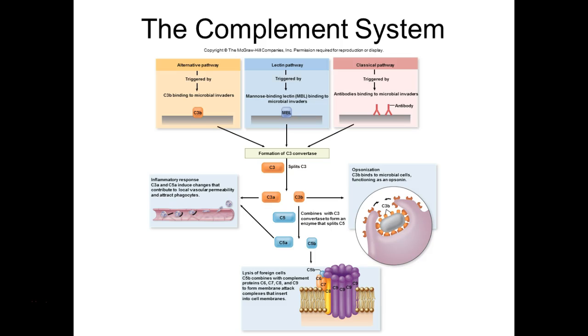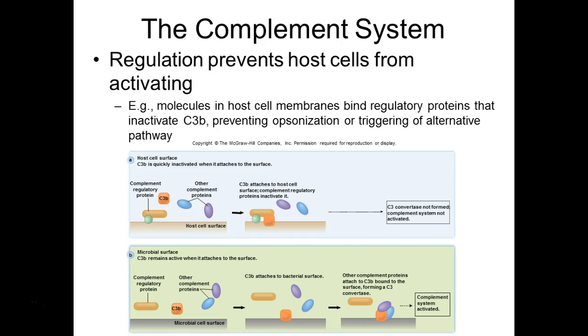Some cells can stop our processes from going forward. So remember I said our cells are protected. So here's our host cells. We have complement regulatory proteins on their surface, so C3b can't bind.